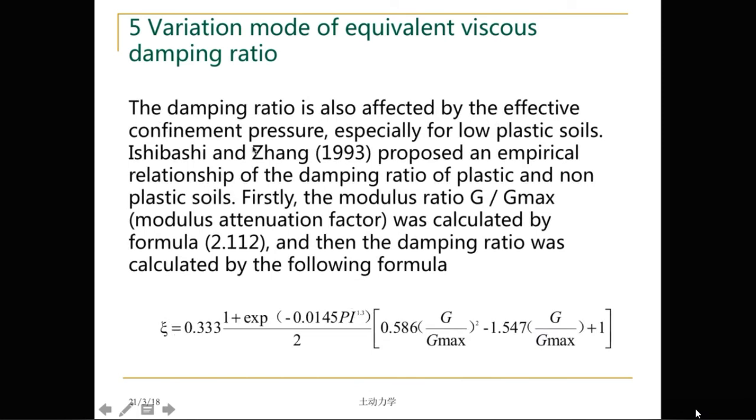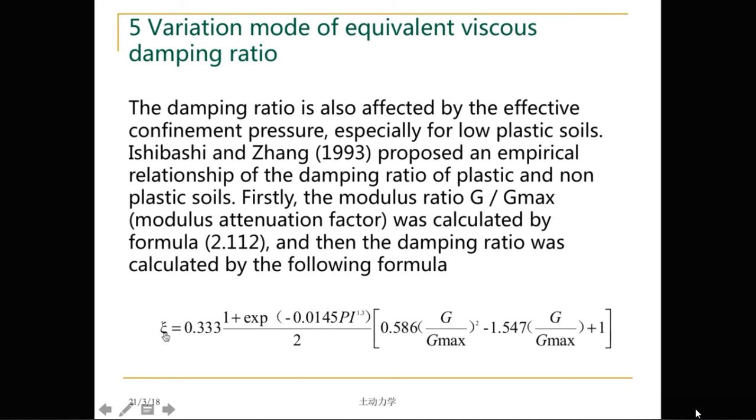The damping ratio is also affected by the effective confinement pressure, especially for low plastic soil. Ishibashi and Zhang proposed an empirical relationship of damping ratio of plastic and non-plastic soil in 1993. Firstly, the modulus ratio G over Gmax, or modulus attenuation factor, was calculated by the following formula, and then the damping ratio was calculated by these formulas.